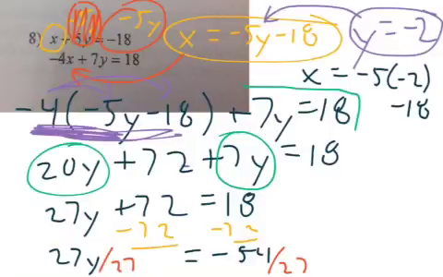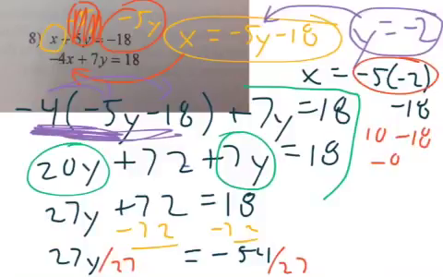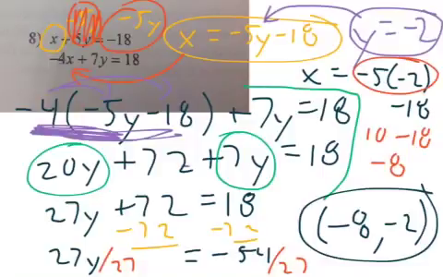Let me put a little border right here. And therefore, I'll change the red. I know that that is negative times negative 2, which is positive 10, minus 18. So I now know x is negative 8. That means my final answer is x negative 8, y negative 2.